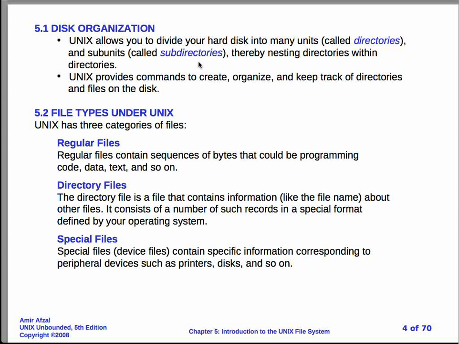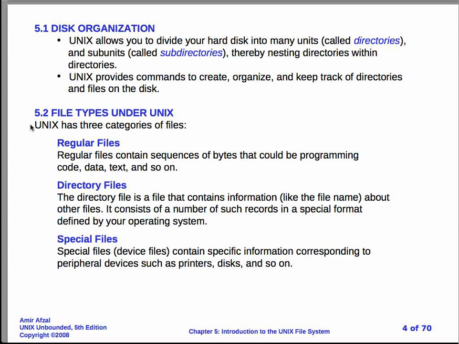Are they different from directories? No, they're all pretty much the same. A directory is just a container for files and other directories. So that's how you get nesting of directories within directories, with one directory containing other directories inside it. Unix provides commands to create, organize, and keep track of directories and files on the disk.